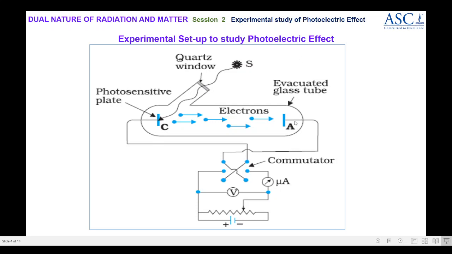And then the third parameter is the potential difference. You can vary the potential difference between the cathode and the anode. So these three parameters are kept in mind, and how photoelectric current varies with all these parameters was studied in the observations.